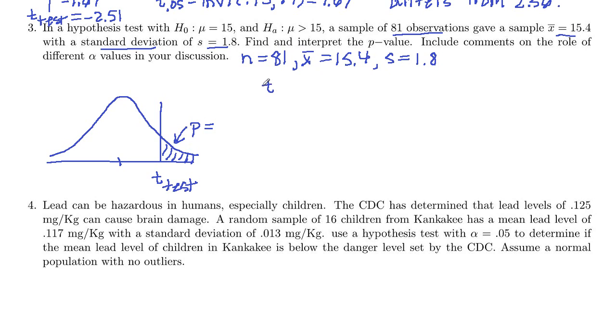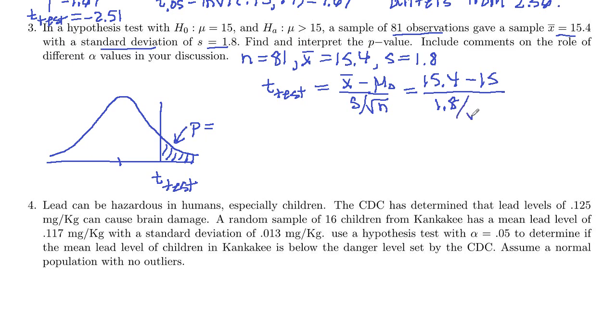So let's figure out that test statistic. So t-test here is again x bar minus mu 0 divided by s over root n. So our x bar value is the 15.4. We are testing against the 15 from the null hypothesis. Divide that difference by our s was 1.8.